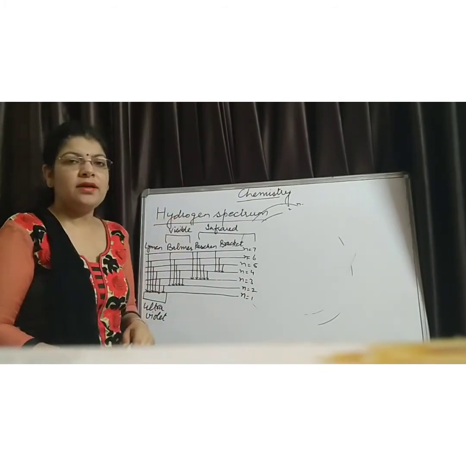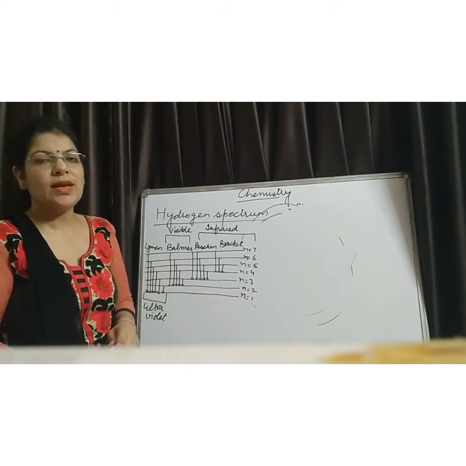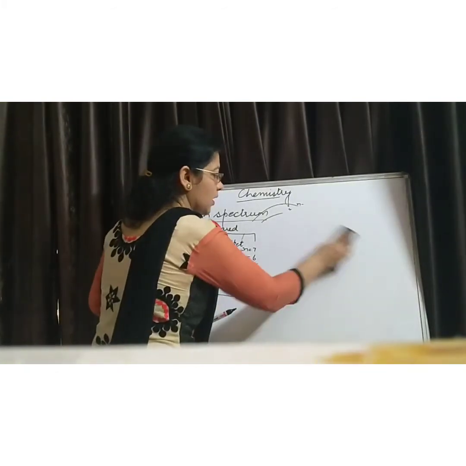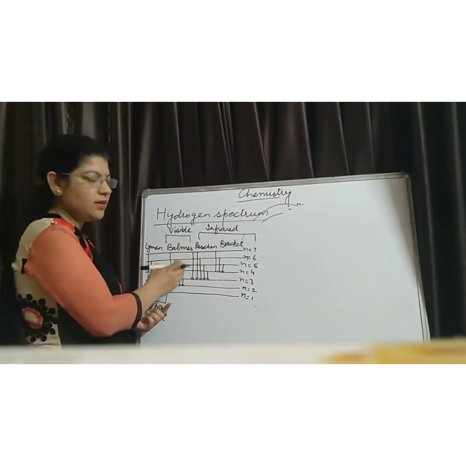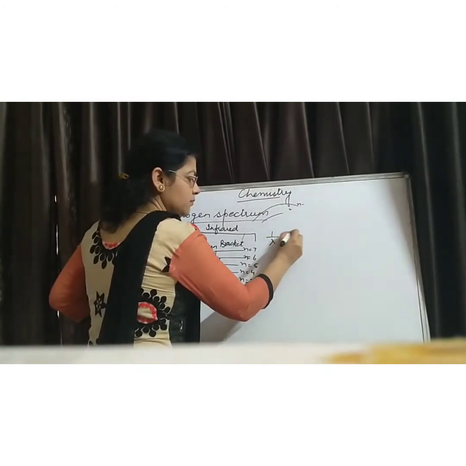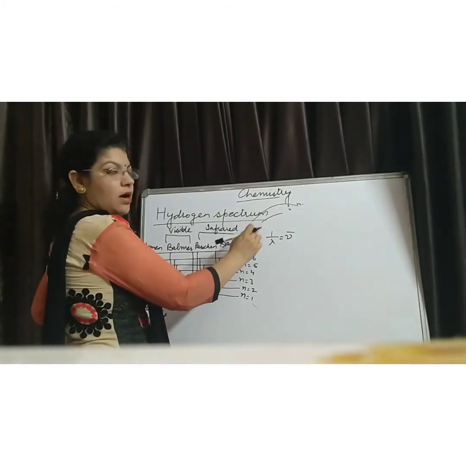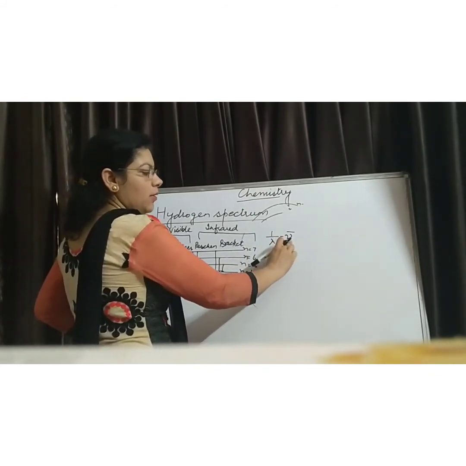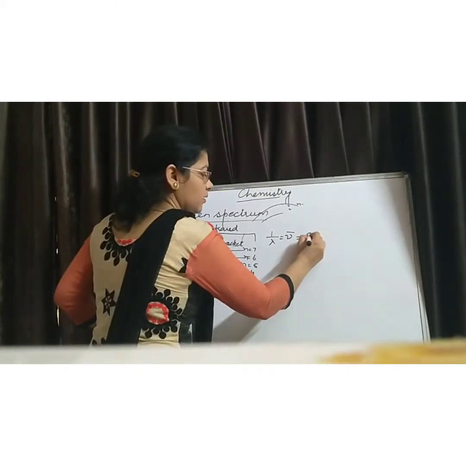One more thing, in the hydrogen spectrum we can also calculate the wavelength as well as the wave number of the radiations by a formula. You know that the wave number of radiations is 1 by lambda, or nu bar, and it is calculated as RH.